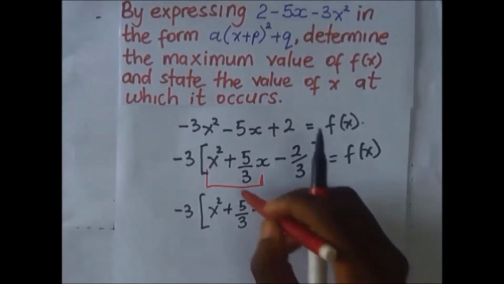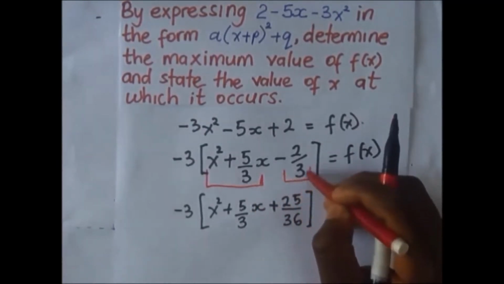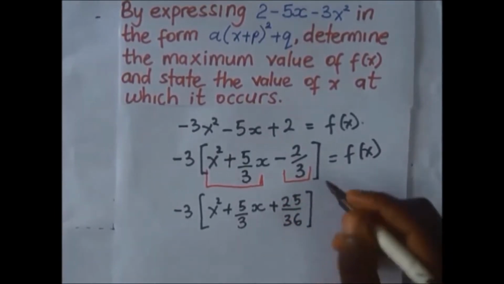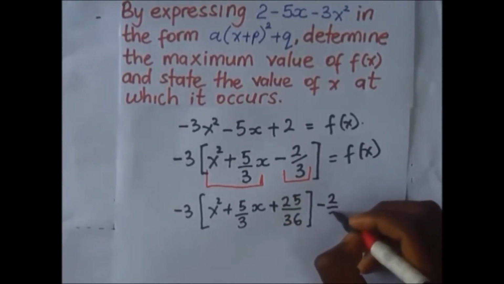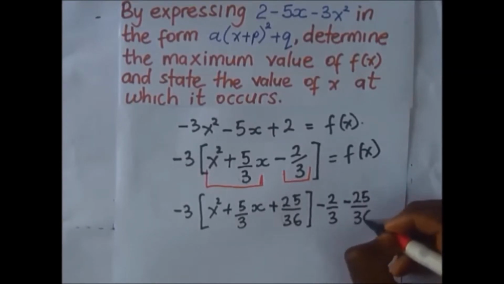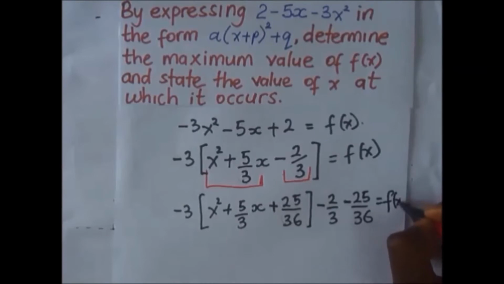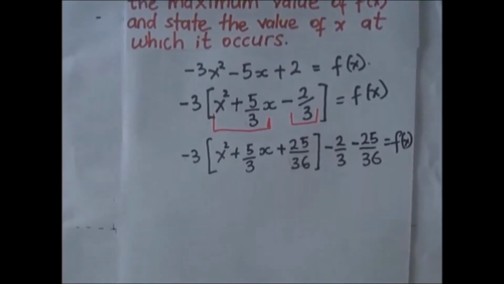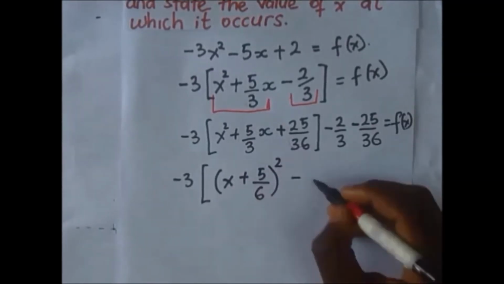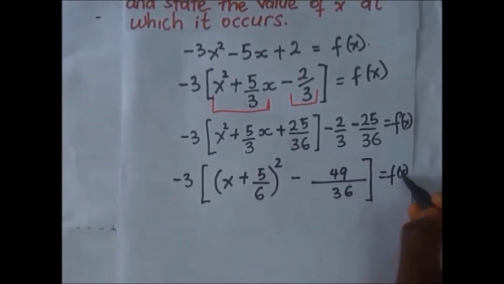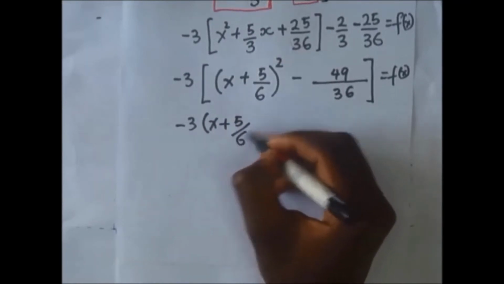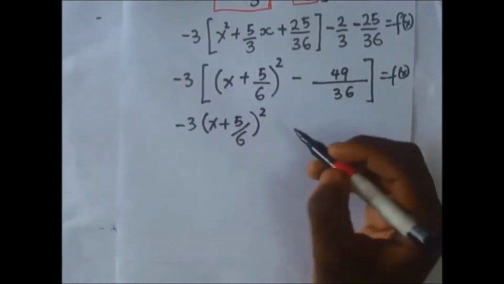So after adding this to that, then we get this, and we say 2 over 3 minus that. Answer we got. So it's going to become minus 2 over 3 minus 25 over 36 is giving us the function of x, like that. x plus 5/6 squared.